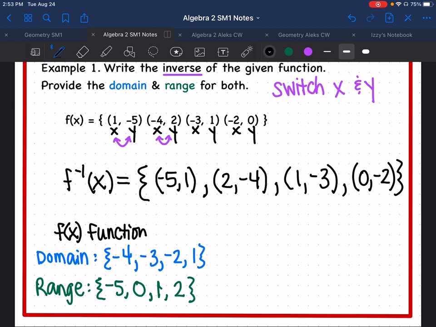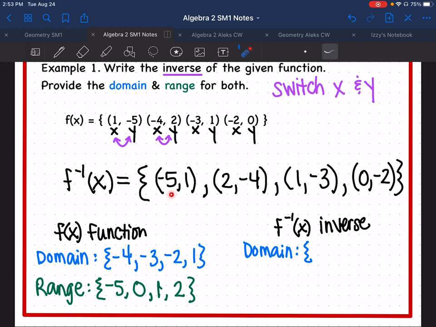Now, for my inverse, f of -1 of x, watch what happens. My domain, I'm now going to look at these ones. These are my x values in my inverse function.